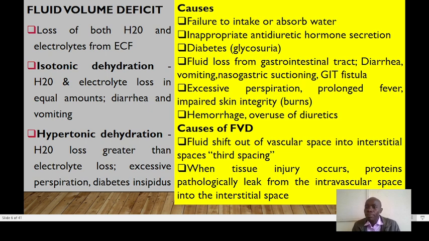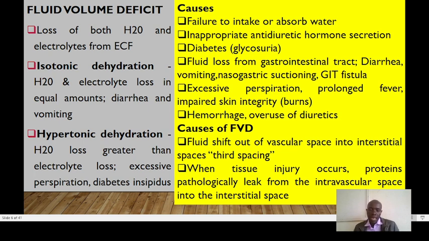So in fluid imbalance, we could either have deficits or excess. If you look at deficit, this involves losing water and electrolytes from the extracellular space. This may result in two terms that we refer to as isotonic dehydration or hypertonic dehydration.